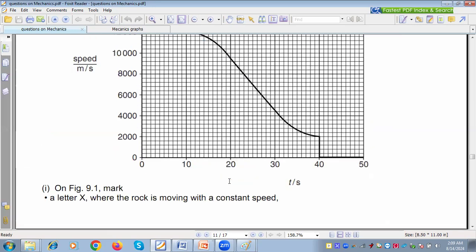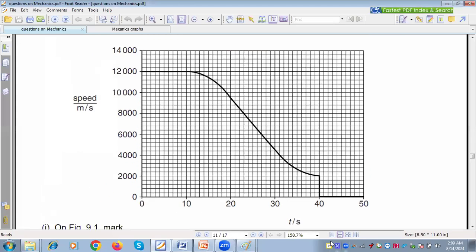So this is X, constant speed, and Y, uniform deceleration.